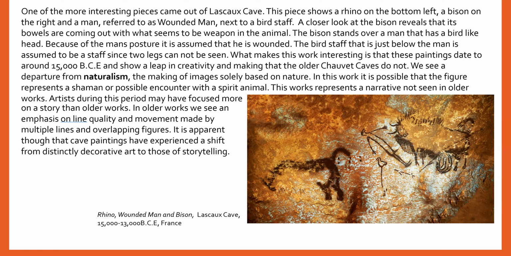When you look at this figure, some have speculated that maybe it's a shaman, or they're going into a trance state. Some believe that there's something that could be an erection here, which maybe leads to the idea that this is more of a ceremonial practice. We do have this bird staff. Some think, well, maybe it's a bird with long legs. I mean, it's all speculation going on. But this one really has us confused.